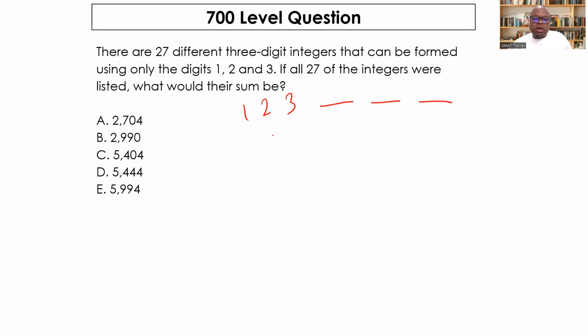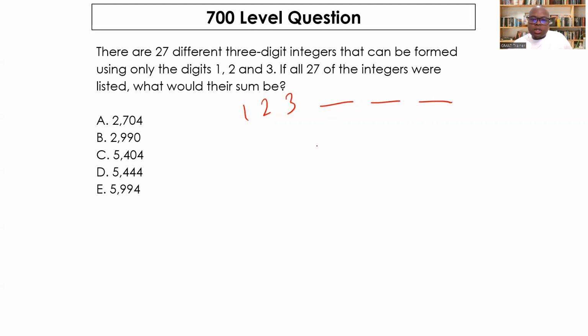Another way of looking at it is by looking at the placeholder values and how many times each digit repeats itself in those placeholder values. We have 1, 2, and 3 digits on these places. These placeholder values show the number of ways in which the digits will repeat themselves.